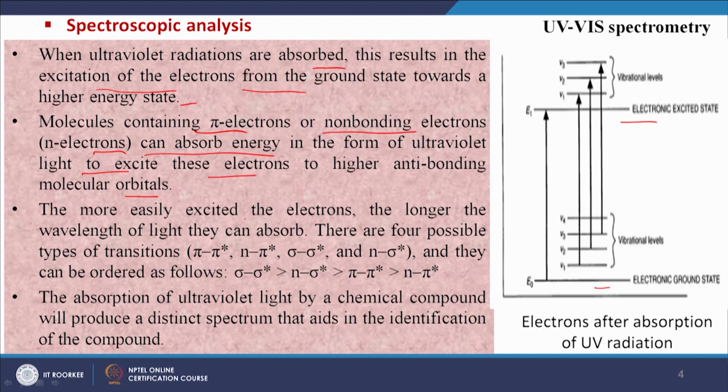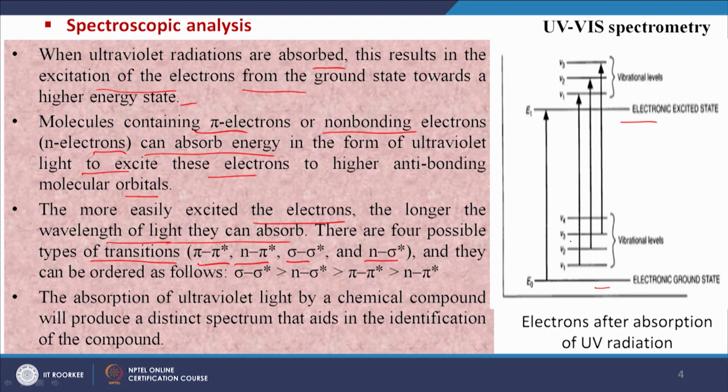The more easily excited the electrons, the longer the wavelength of the light. The longer wavelength means less powerful. There are 4 possible types of transition, that is pi pi, n pi, sigma sigma and n sigma transition.